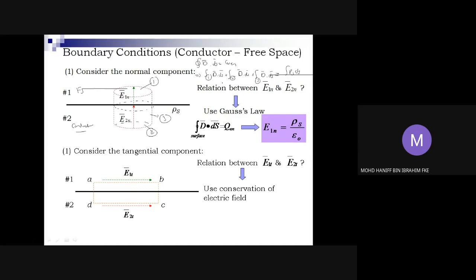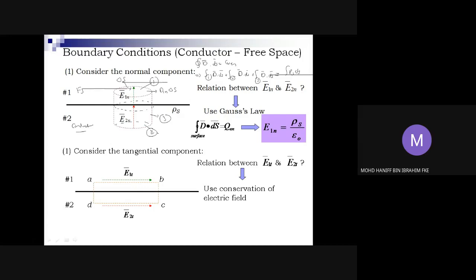Okay, if I take the cross section of this structure as delta S, I can write that for surface number 1, D dot dS equals D1n multiplied with delta S, positive. That is my D dot dS for surface number 1.